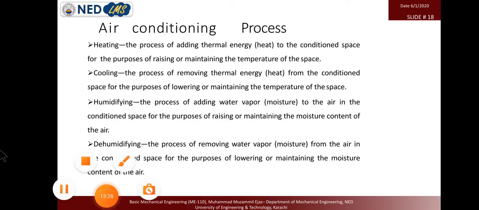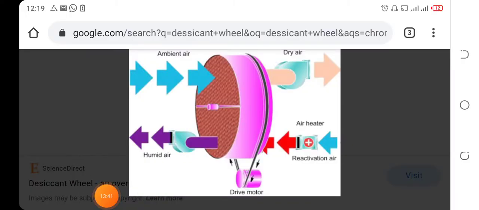Anyway, we also have a second type of machine that makes a dehumidifying effect. Yes, the second process for dehumidification is the desiccant wheel. This is the desiccant wheel.